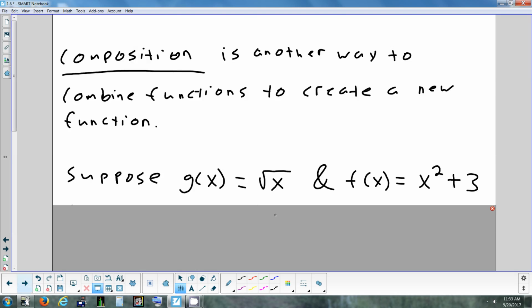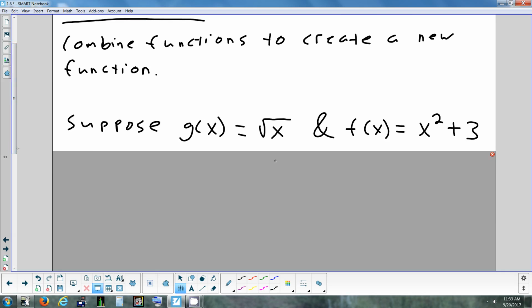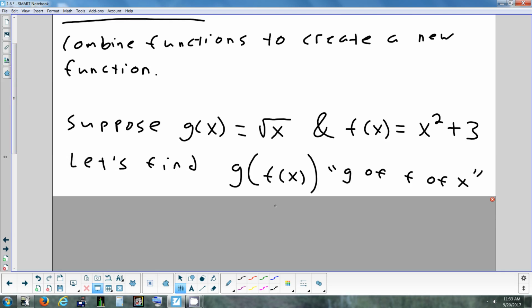So let me show you how composition works. So the idea of composition is you take one function and plug it into the other one. Okay, so here's the notation for a composition. G of f of x. That's how you read that.